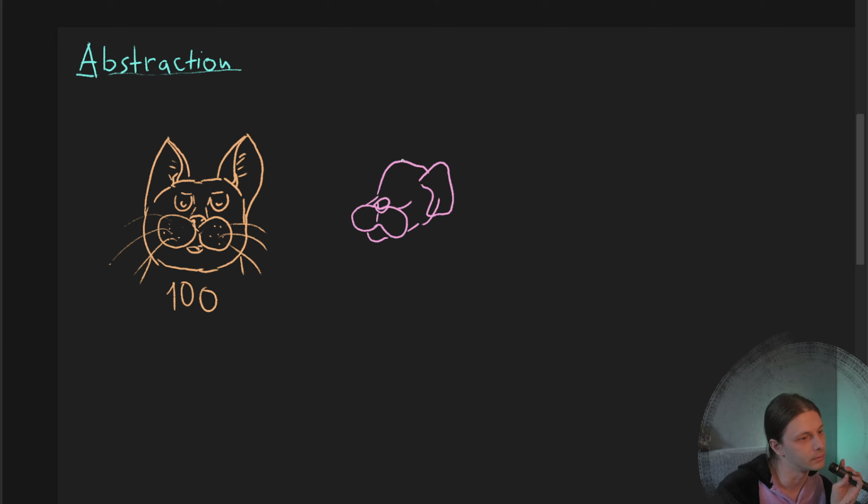Maybe this ear will look like this one, and another ear here. Also, the creature has eyes, but not like this, but some, oh no, perspective.